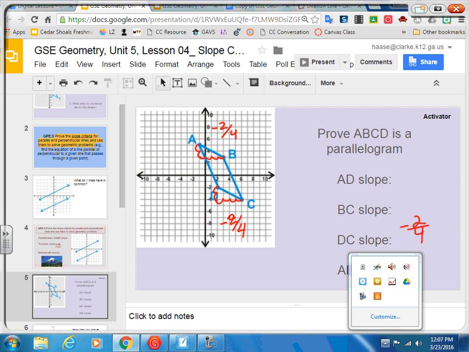What can I say about those two sides? They're parallel. Why are they parallel, everybody? Because they have the same slope. If you count the rise, meaning up or down, and the run, and they're the same, you can always say they're parallel. How do I show they're parallel? The arrows. I'm going to give this one 2 and this one 2 to say that the 2 arrows mean those sides are parallel.